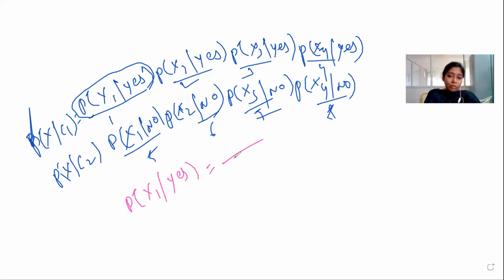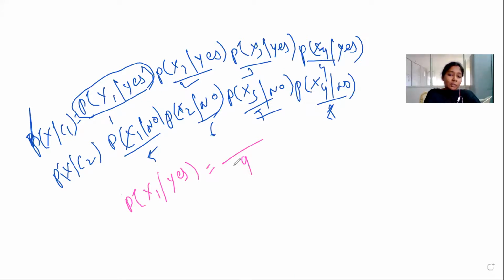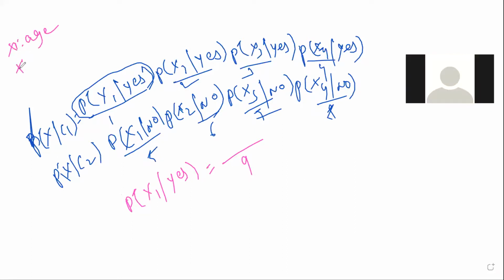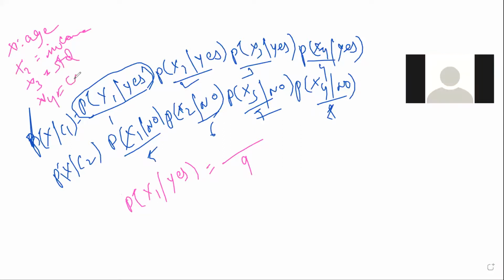That means out of 9 S classes, how many X1... first we need to expand this. X1 is age, X2 is income, X3 is student, X4 is credit rating.